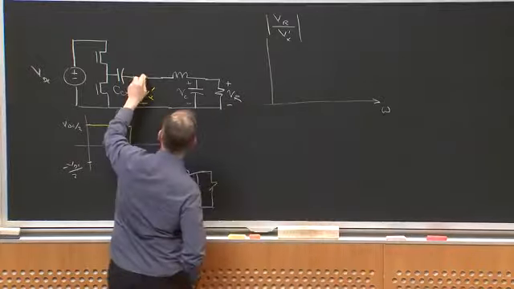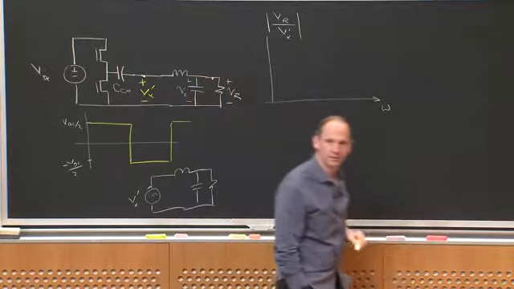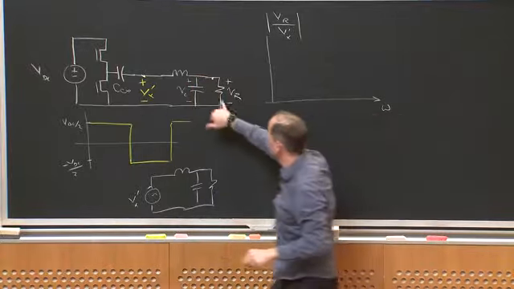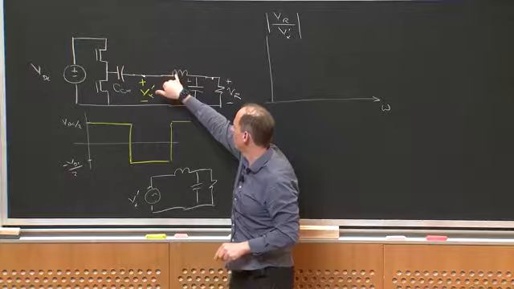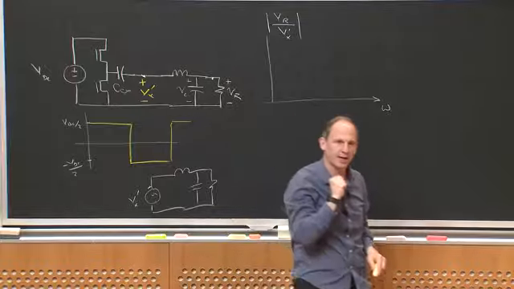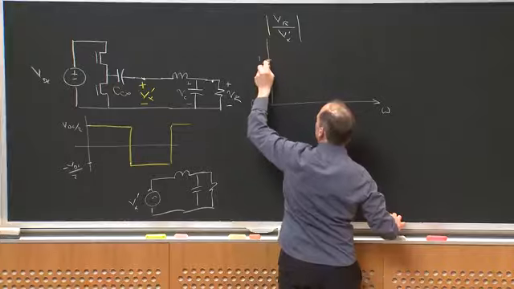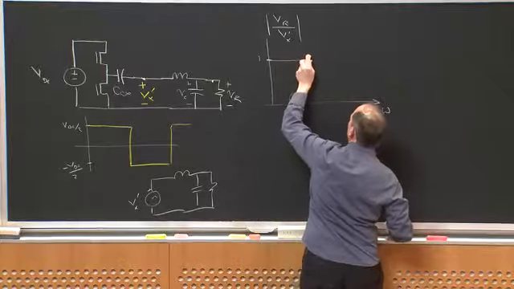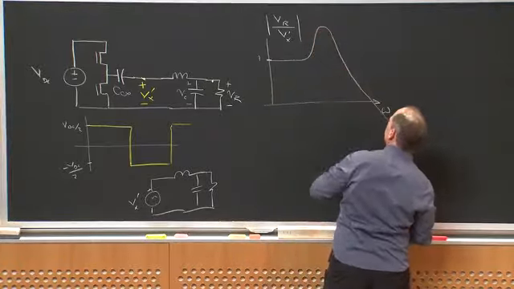So I'm looking at the transfer function between here and here. At DC, clearly VR equals VC, or at low frequency, because the inductor becomes a short. At really high frequency, this rolls off at 40 dB per decade, right? So what you're going to get is something like this. It's going to go for 1, it's going to peak up, and then it's going to fall.